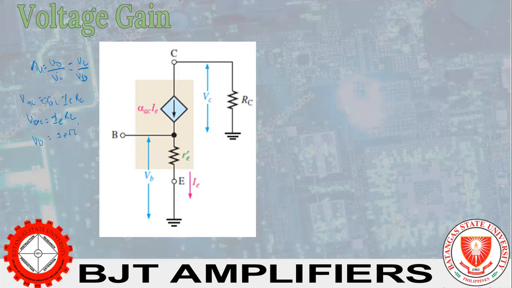So, canceling IE, the gain equals RC over re prime. This is our voltage gain.